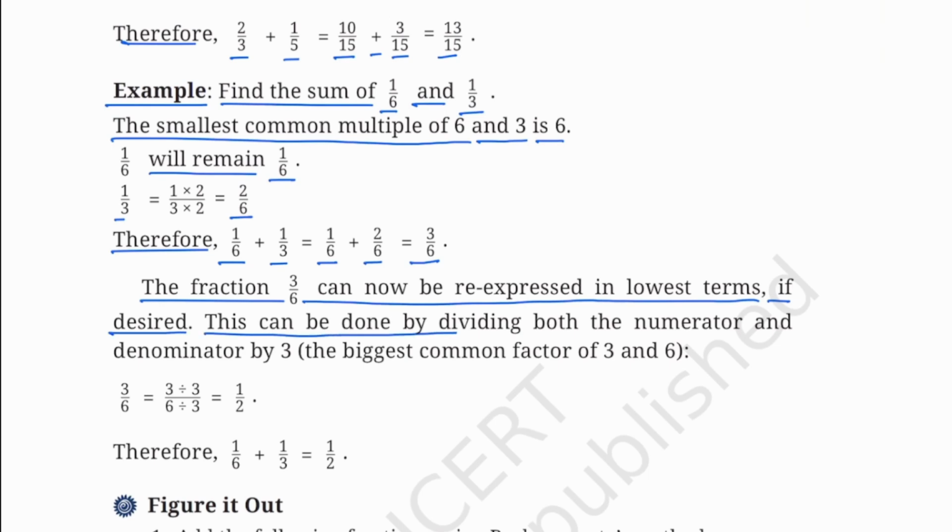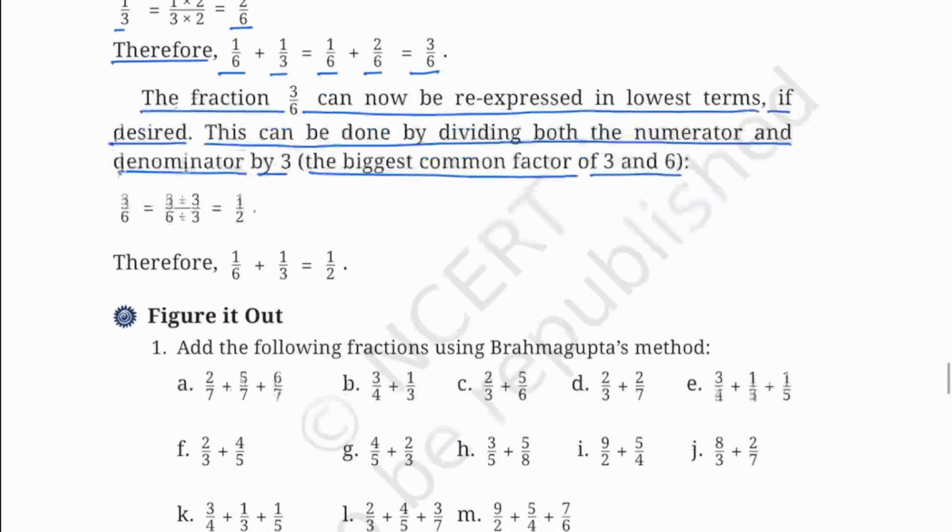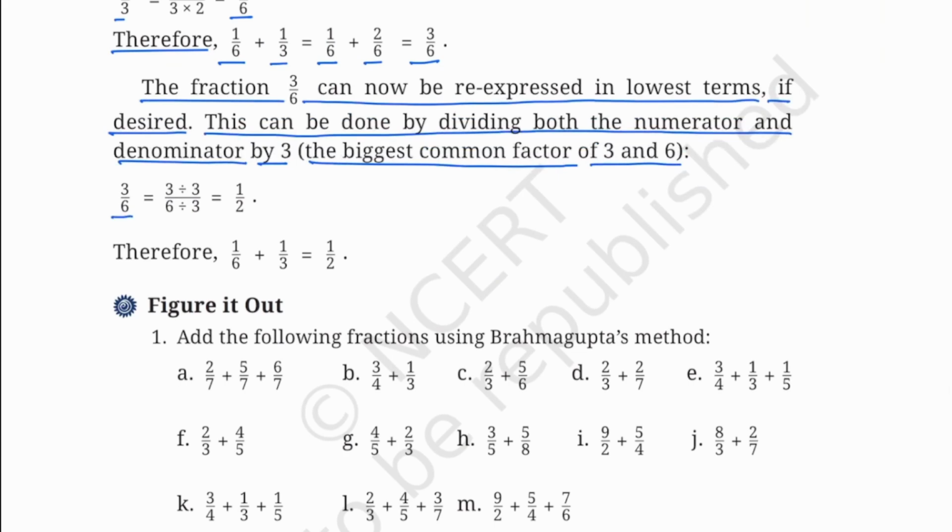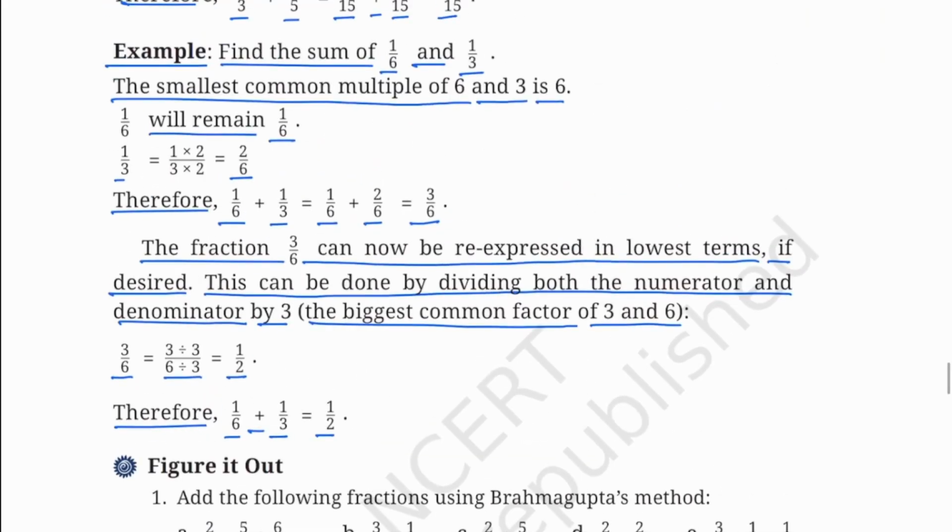This can be done by dividing both the numerator and denominator by 3, the biggest common factor of 3 and 6. 3 upon 6 when divided by 3 upon 3 will give you 1 upon 2. Therefore, 1 upon 6 plus 1 upon 3 is equal to 1 upon 2.